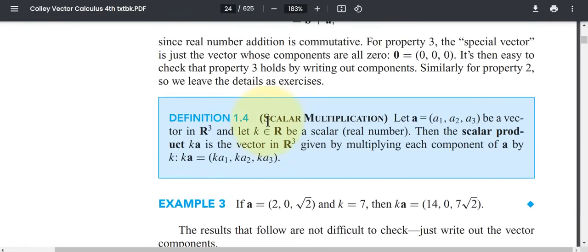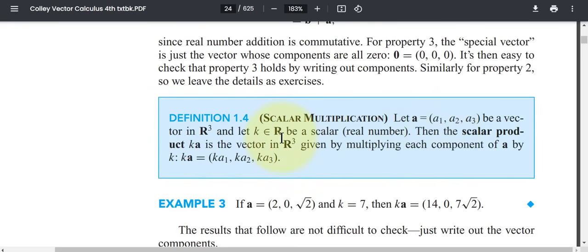So they tell us what they mean by that. They say, suppose we have this vector, it's in R3, and we have k, which is just a number called a scalar or real number. Then the scalar multiplication, k times a, is a vector in R3.